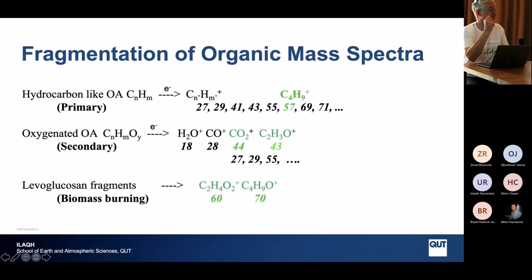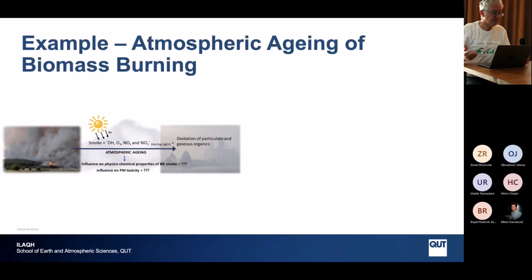Levoglucosan is a typical marker for biomass burning, as you all know, but because we can't detect the whole molecule because of the fragmentation, we usually detect two markers: 60 and 73 are markers for levoglucosan. How do we use them? So, here's an example of atmospheric aging of biomass burning, and that's the data that you will be getting to analyze.